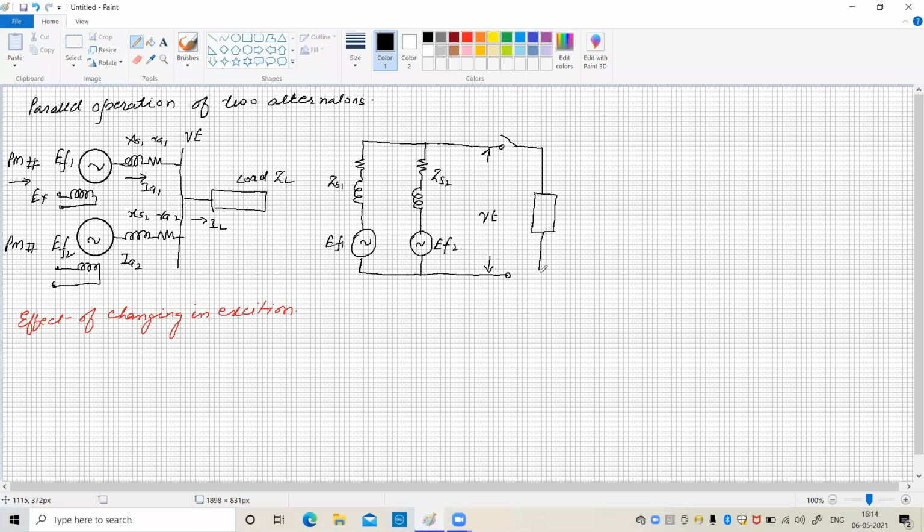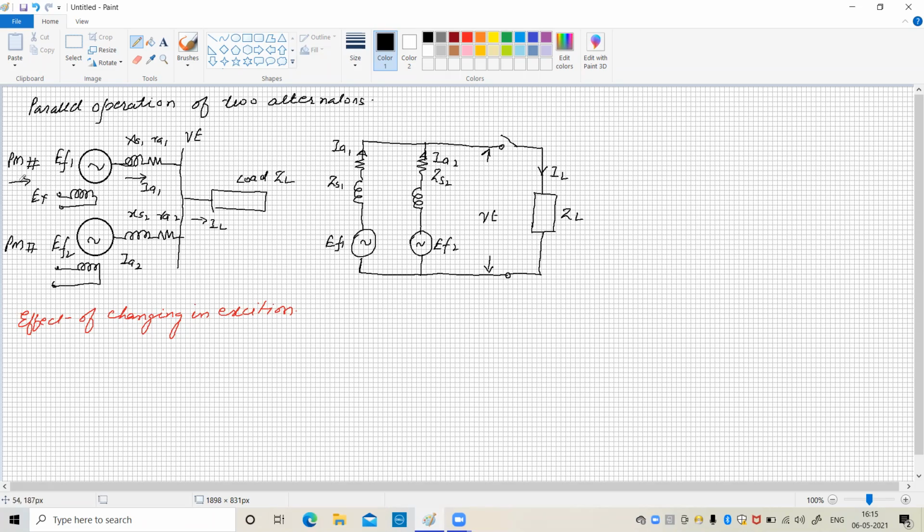Okay, so the load is there, it is ZL, and when it is delivering the current is IL, whereas the current delivered by first generator is IA1 and the second generator is IA2, isn't it? So this is the equivalent circuit of parallel operated generator.